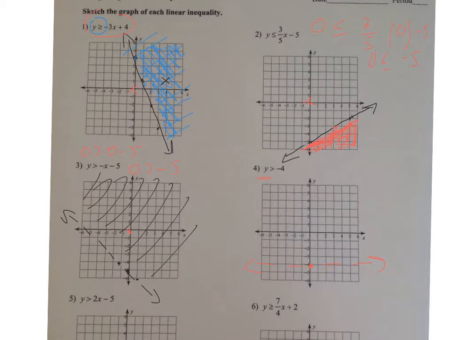Well, greater than implies above, so we're shading above. And we can check it, again picking my favorite point of 0, 0. 0 is greater than negative 4. Yes, it does work, and we have shaded in the correct area.